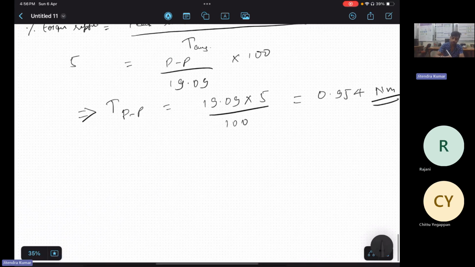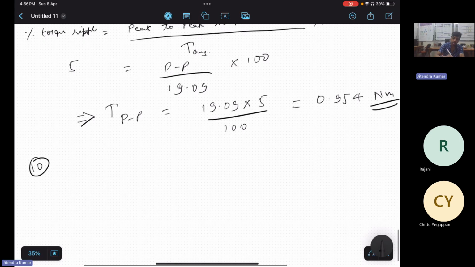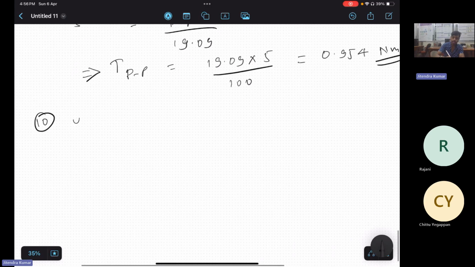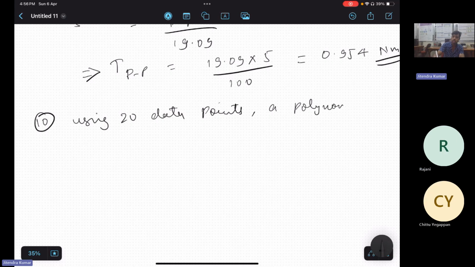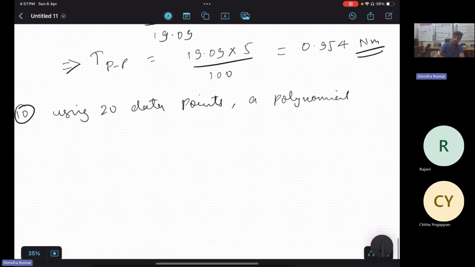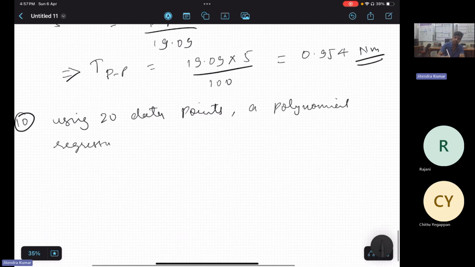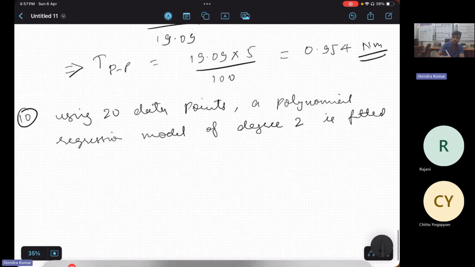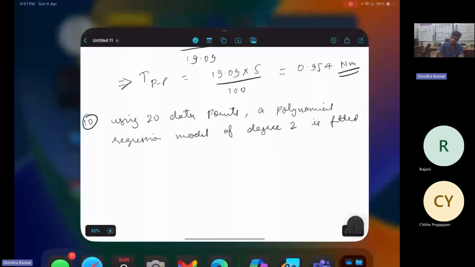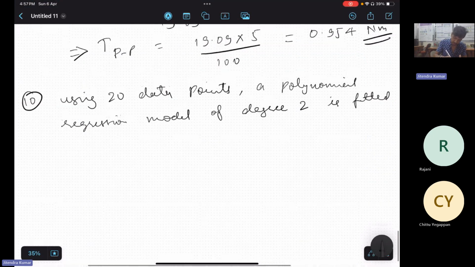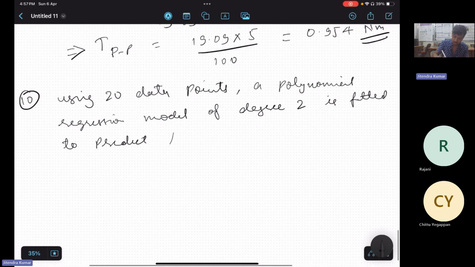Let's see a final problem. Using 20 data points, a polynomial regression model of degree 2 is fitted to predict the efficiency of a PM motor.